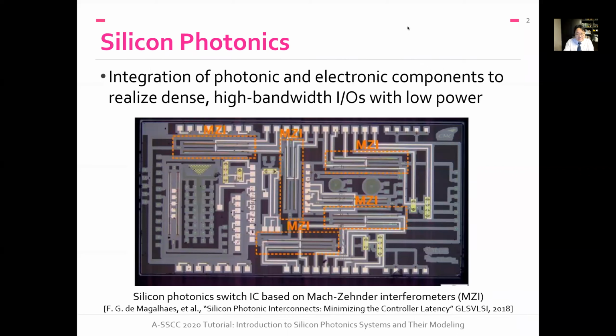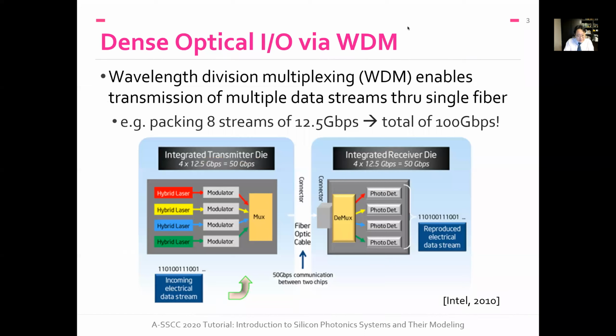Silicon photonic systems integrate both photonic and electronic components on the same chip, and they are very promising in realizing dense, high bandwidth IOs that dissipate low power. This dense IO bandwidth can be achieved through a technique called wavelength division multiplexing, which enables a transmission of multiple data streams through a single fiber.